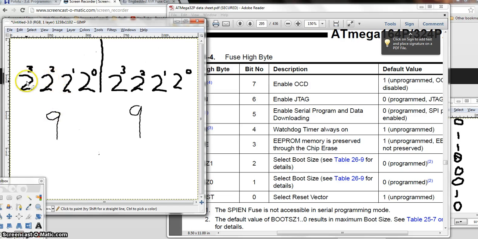So we have 2 to the 3, 2 times 2 is 4, times 2 is 8, and then 2 to the 0 is 1, so we can make those both 1s. Then I'll leave the rest with 0s, and of course it'll be the same thing here.